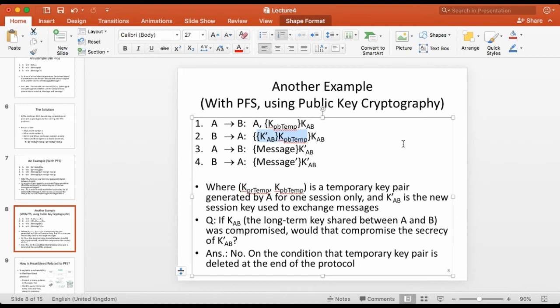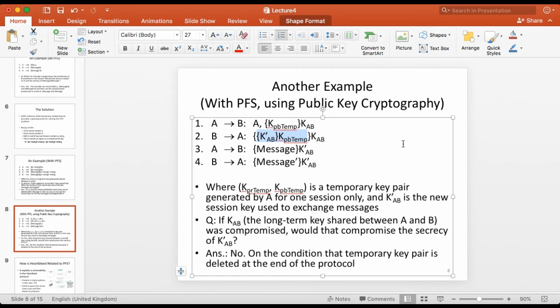That's a fair assumption, because temporary keys by their very nature are not assumed to live for very long. If you've finished your session, then the assumption is that you will immediately dispose of that temporary key pair.